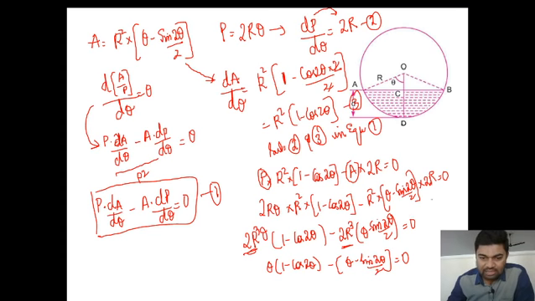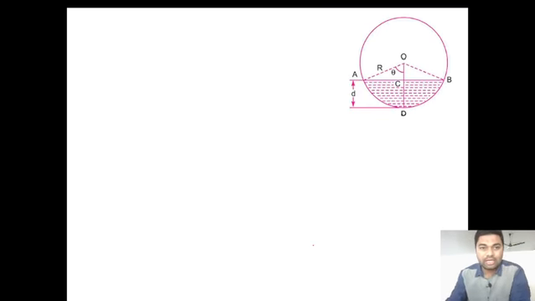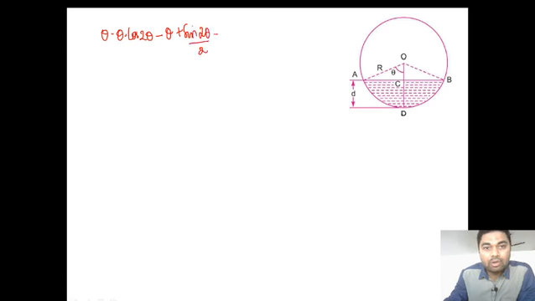The next step is just multiplying these values: θ into 1, minus cos 2θ into θ. Simply open the brackets of this equation. If we open the brackets, we get θ minus θ cos 2θ minus θ plus sin 2θ by 2 is equal to 0.